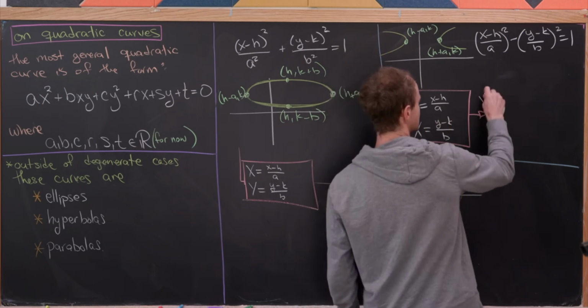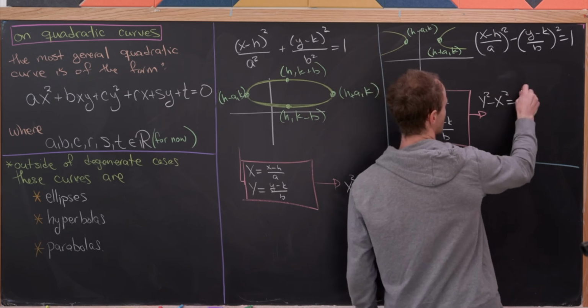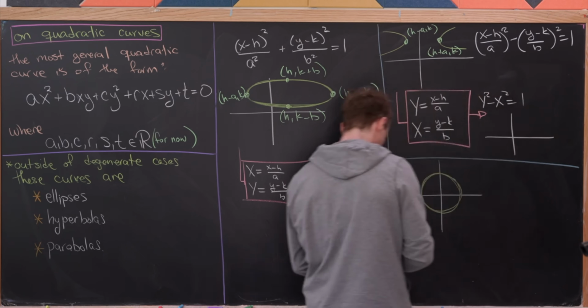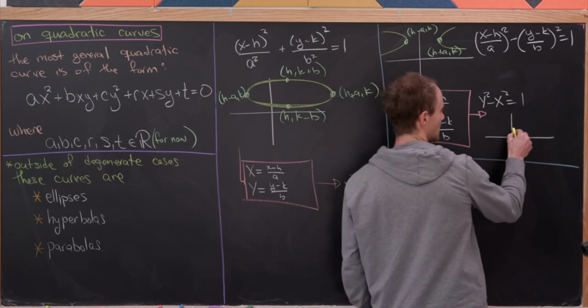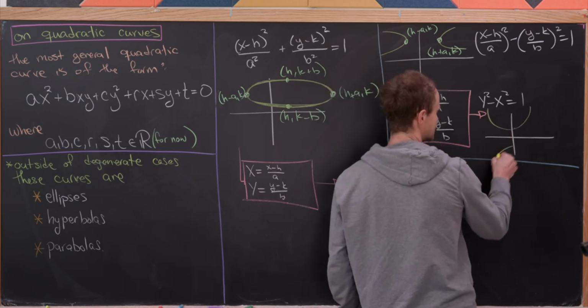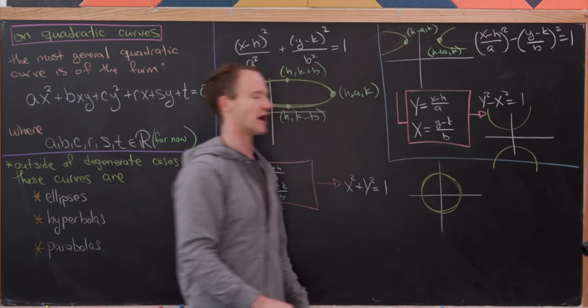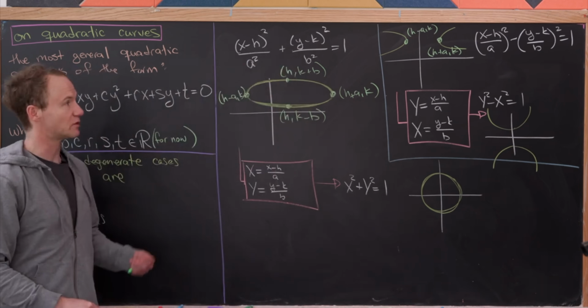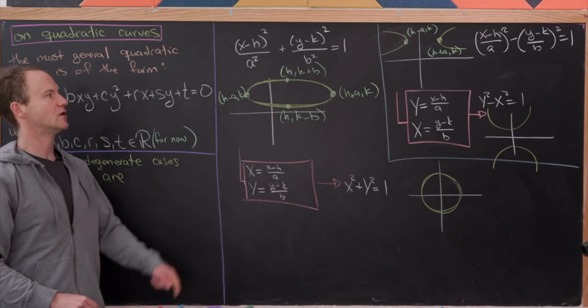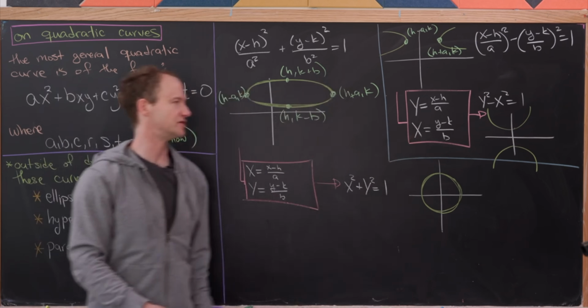And that's going to give us the equation y squared minus x squared equals 1, which is now the hyperbola opening up and down instead of left and right. So we had a suitable transformation of this nice hyperbola to the other hyperbola.